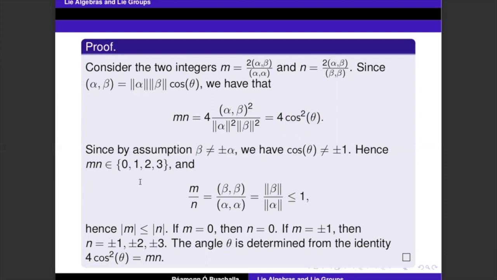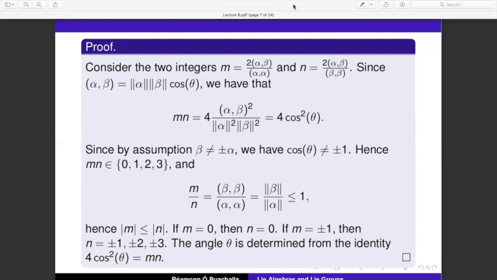Now, if we take n over m, then we're going to get the inner product of beta with itself. Sorry, there's a square missing here.